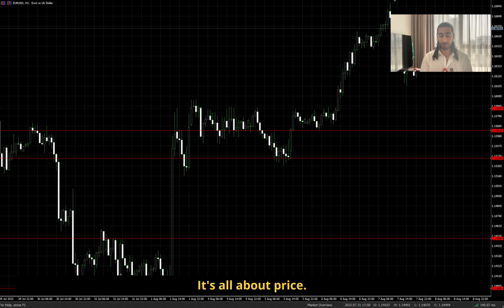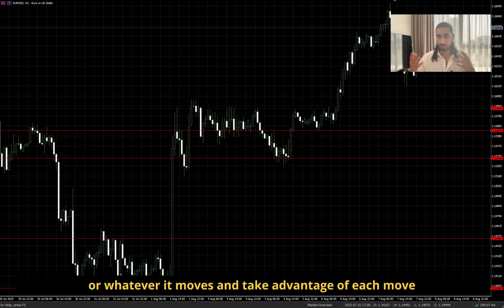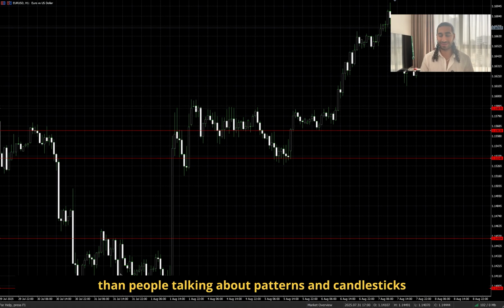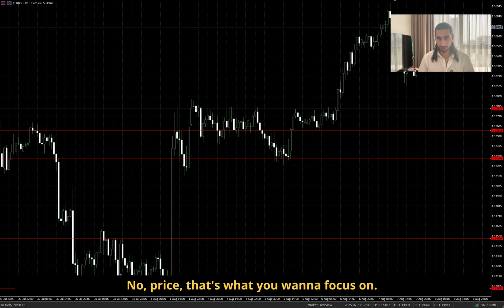Now there are a lot of things embedded in the price that you need to understand and know how they affect the price of that asset, so the price can move up or down or sideways, and you can take advantage of each move that's going on in the market, right? I think it's a bit more clear than people talking about patterns and candlesticks and stuff like that. No, price. That's what you want to focus on.